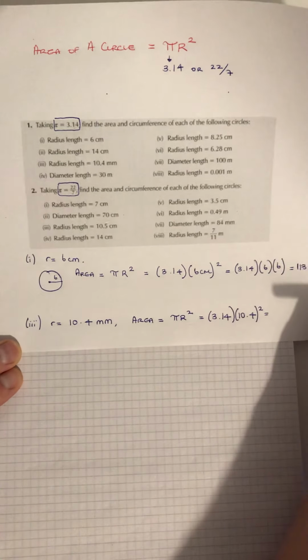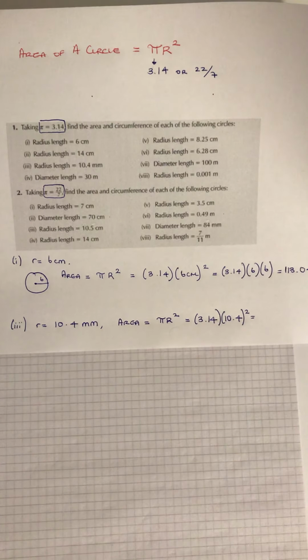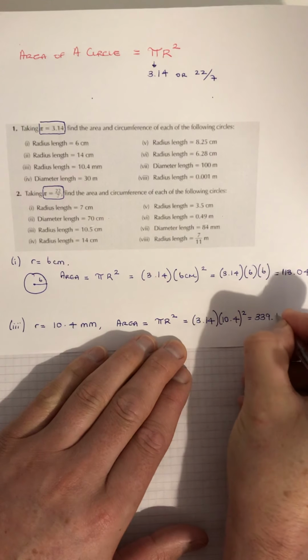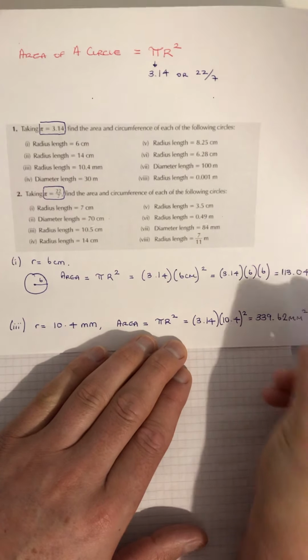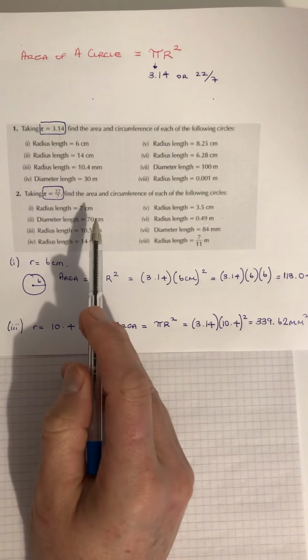So there's no difference in it, okay, for you, giving you 339.62 millimeters squared. Okay, so always use the units in the question.